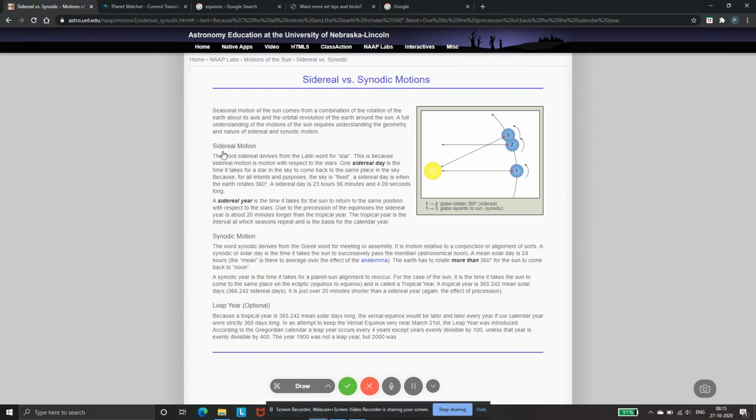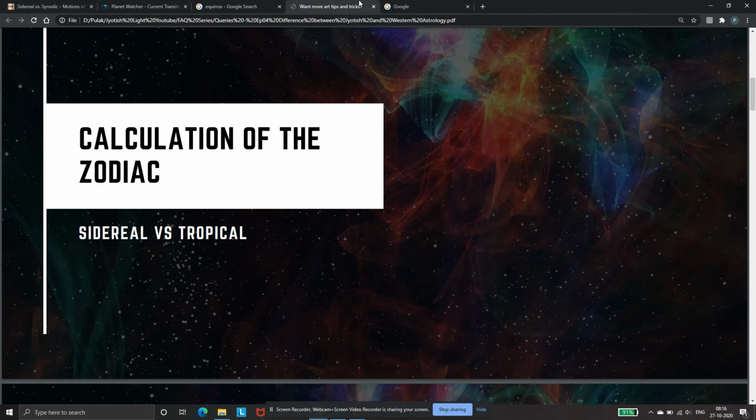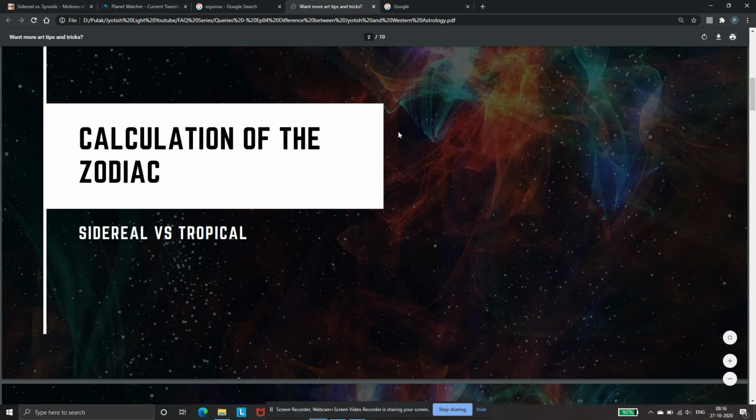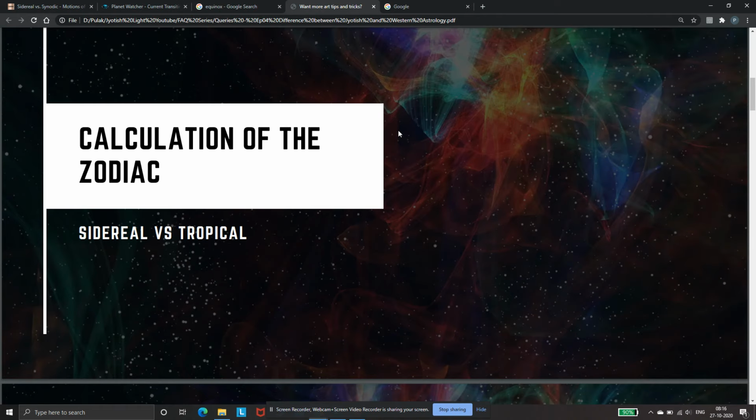And another interesting fact is that if you download one of these astronomical apps on your phone, say Sky Map or Sky View, and track the positions of the planets in the sky right now and which zodiac sign they fall into, they all point towards the sidereal system. But this is a tradition which has stayed. So I'm not going to spend time trying to justify one over the other, but needless to say, both follow different ways to measure the coordinates of the zodiac.